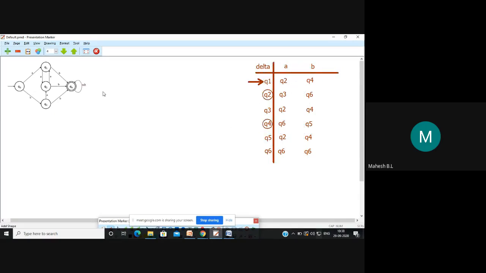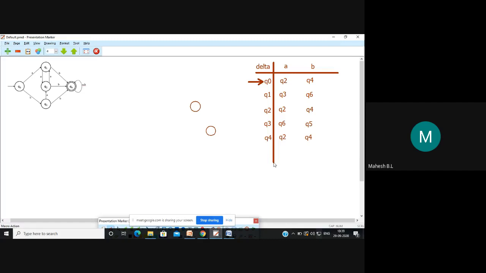Okay, so we have Q0, Q1, Q2, Q3, Q4. So these are the states.